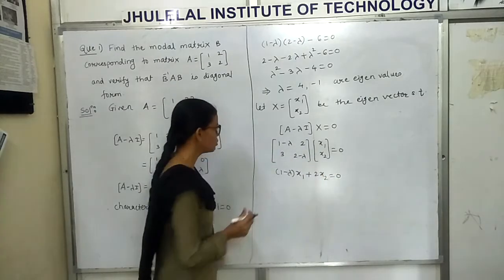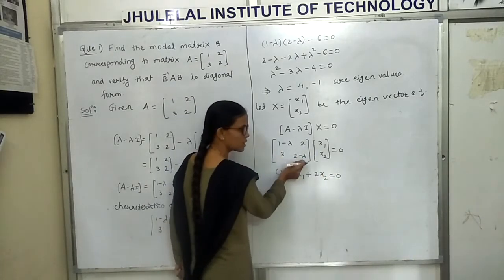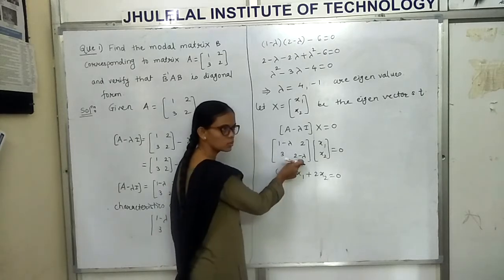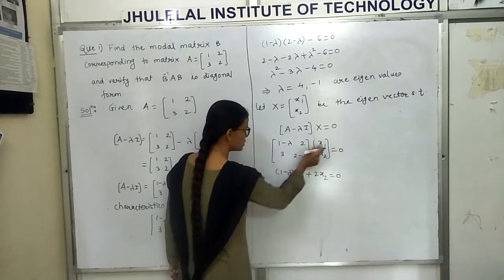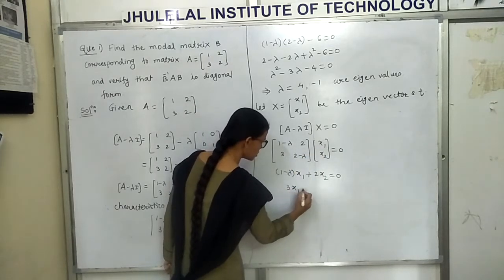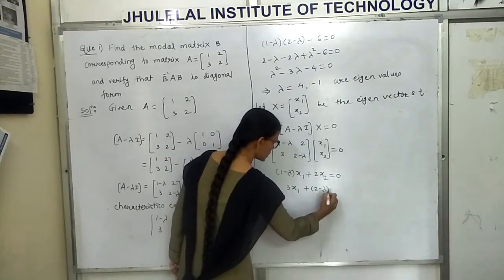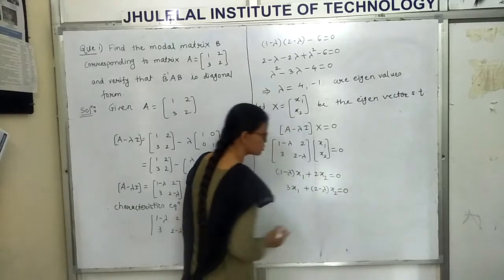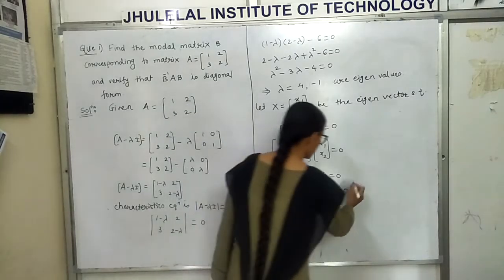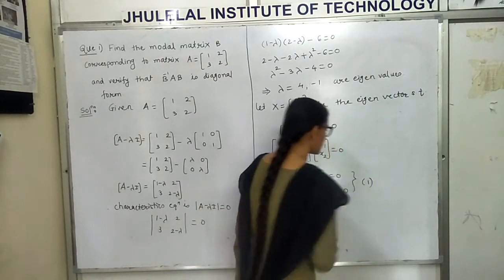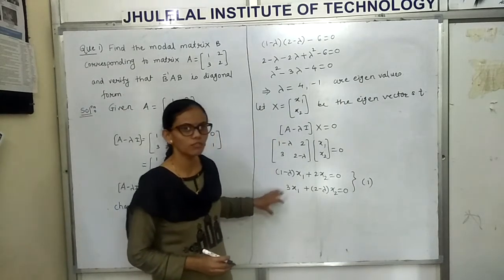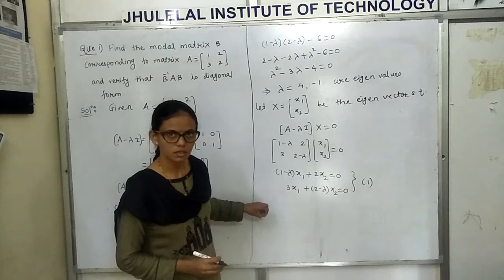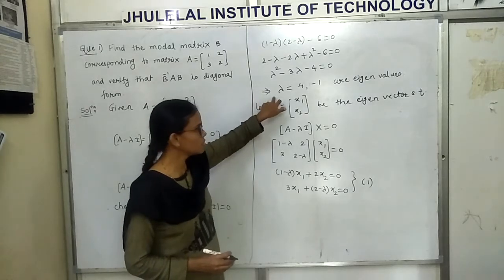Okay. Now come to the second row. In the second row again there are two elements, so this second row will multiply this column. So here 3x1 plus 2 minus lambda x2 is equal to 0. I am calling this equation number 2. So these are the equations in terms of lambda. But we have already got the values of lambda.